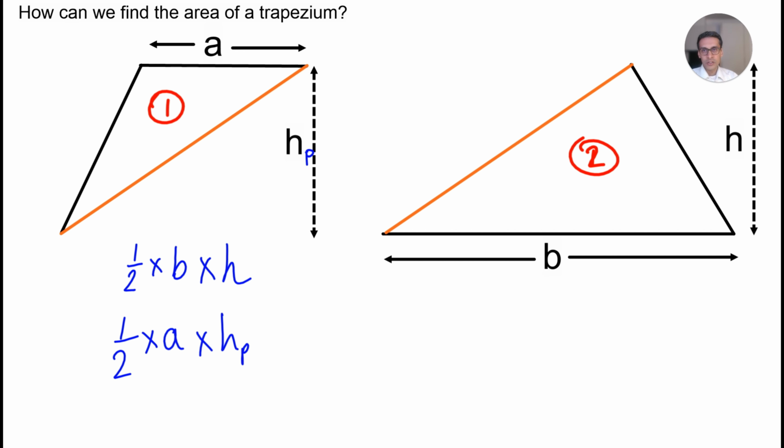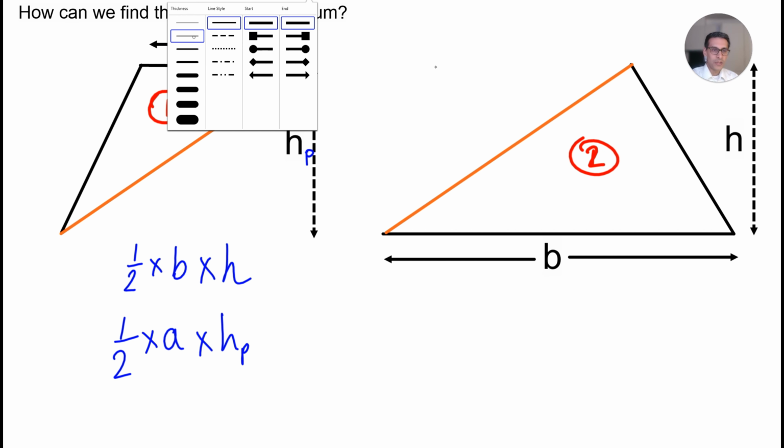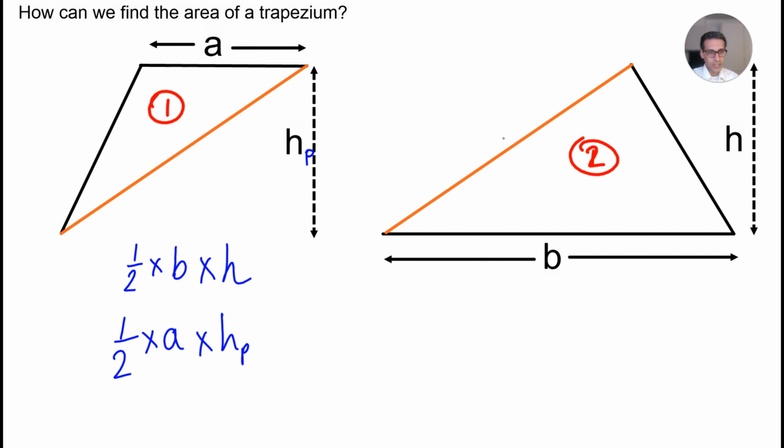So in the second shape, we can see that the area of this triangle is half times base length, in this case it happens to be called b, times the perpendicular height. Now we need to add these together. So half AH plus half BH.